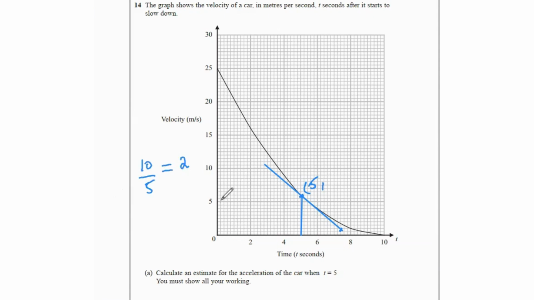So 1, 2, 3, 4, 5. This is 6, so in the middle, 5.5. 5.75.